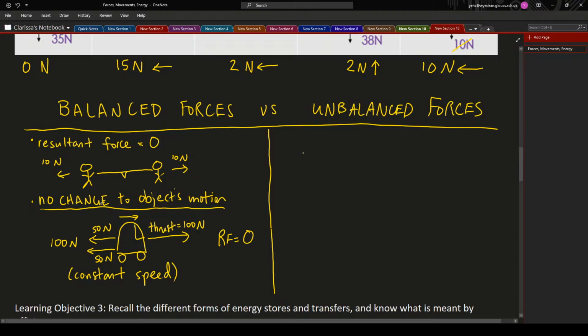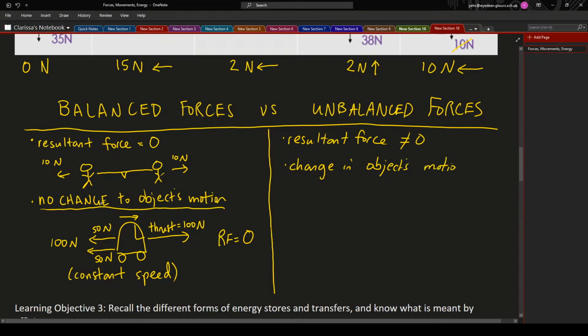Now, if we have a resultant force that is not 0, so I'm going to put resultant force is not equal to 0, as in there is going to be an overall force that's acting in a particular direction, there is going to be a change in object's motion.